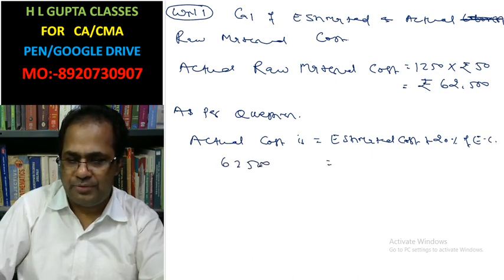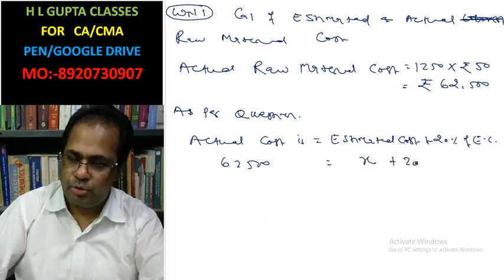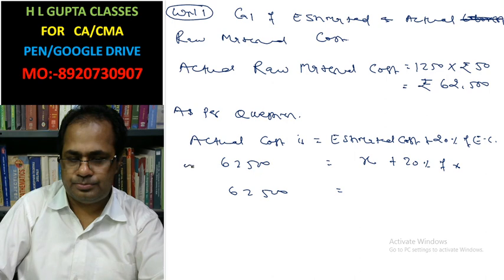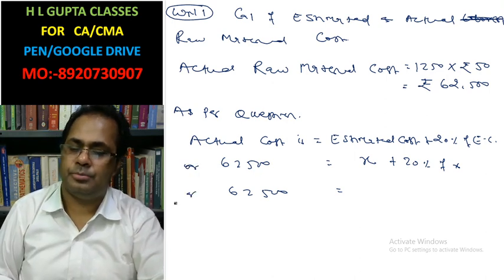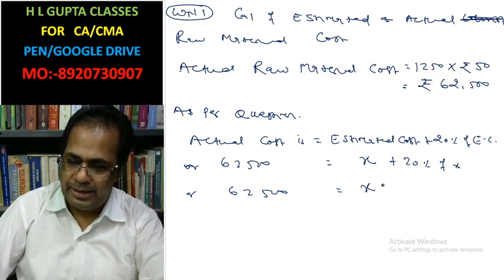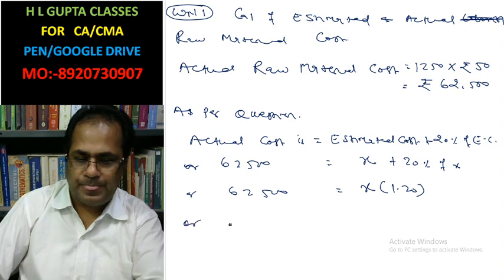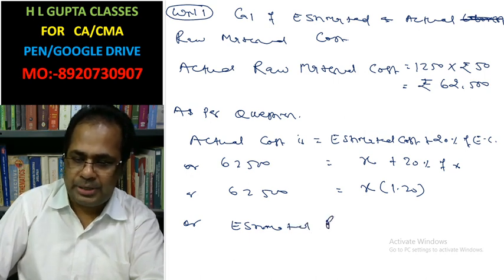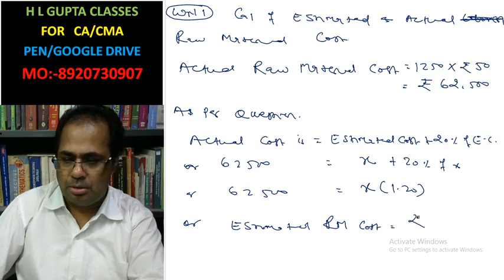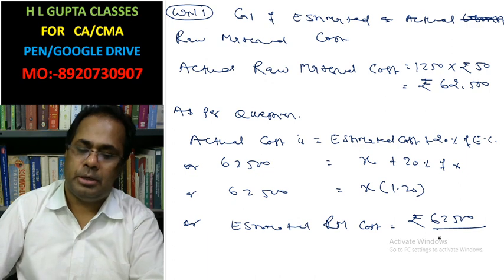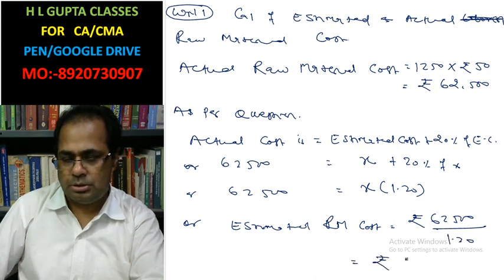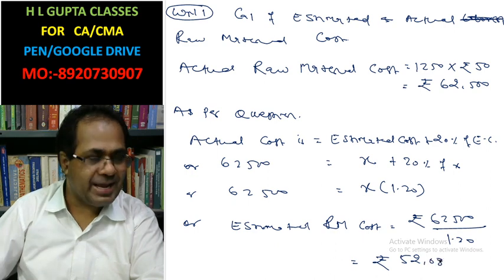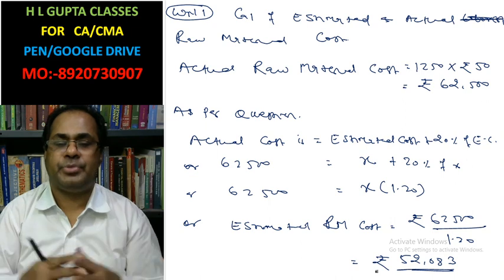Suppose the estimated cost is x, then actual is x plus 20% of x, that is x times 1.20. So 62,500 is x times 1.20, and the estimated raw material cost will be rupees 62,500 divided by 1.20, that is rupees 52,083. It is calculated on the basis of the information given.